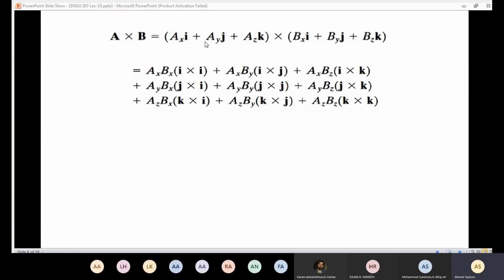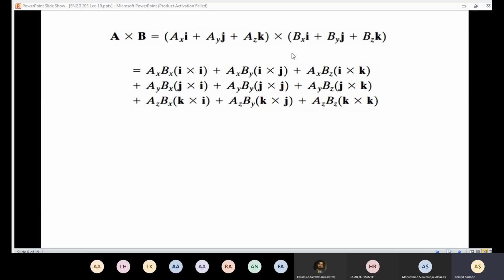And here I'm going to deal with the cross product. That is why I showed you the operations law. So how am I going to deal with those vectors here? I have vectors cross other vectors. We said that the distributive law is valid here.